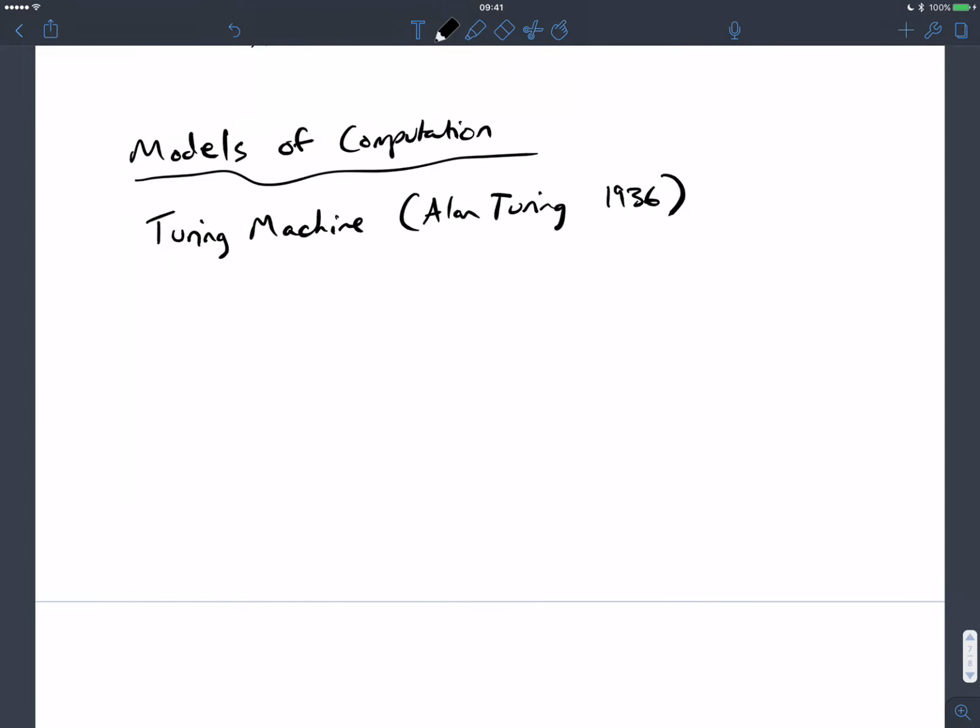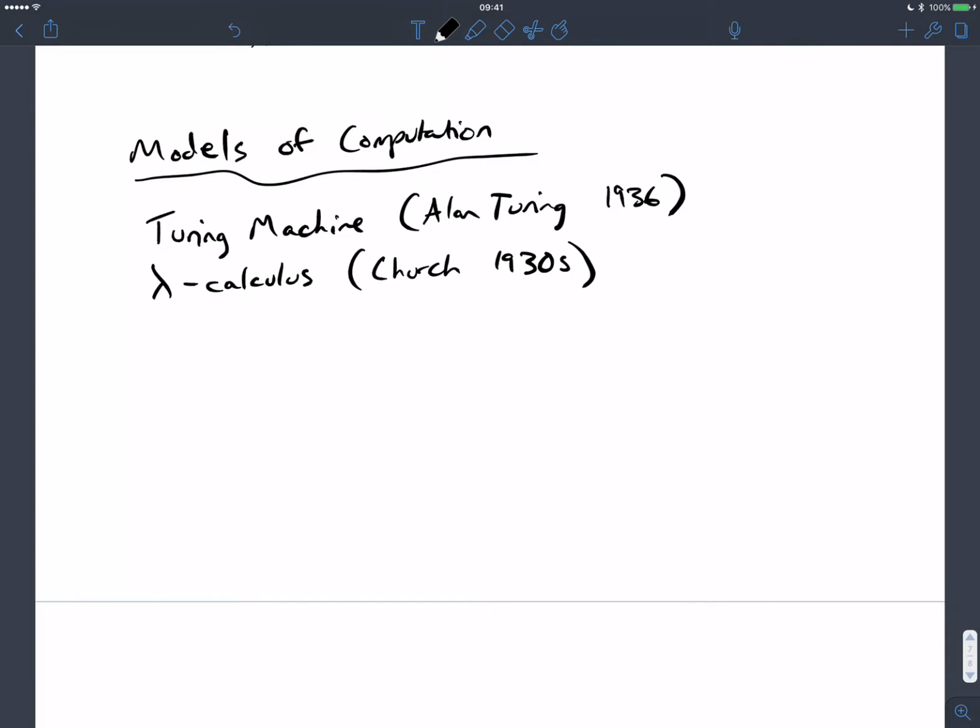But there were other mathematicians working at the same time, working on similar types of problems, but in a totally different setting. So one example that you may have seen already is something called the lambda calculus. And this was by Alonzo Church in the 1930s. And what mathematicians have found is that, in fact, these two different models used in totally different ways are in fact the same. They represent the same computable numbers.